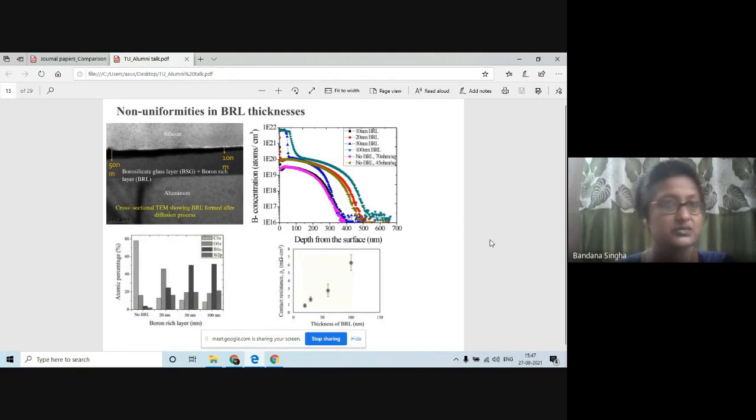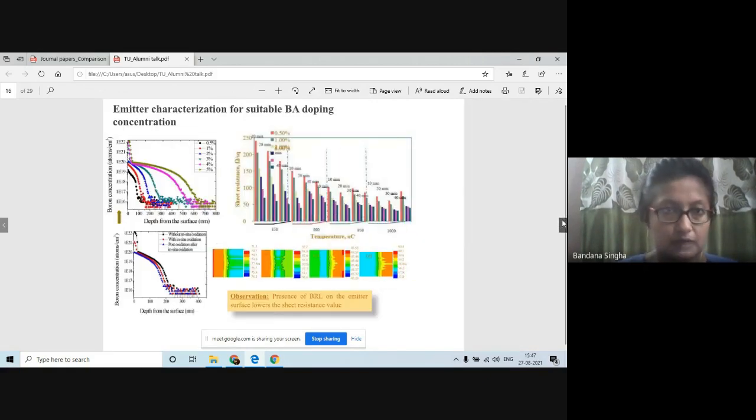But under the same diffusion conditions, if we analyze the boron rich layer formed in the boric acid case or the boron nitrate solid sources, these properties might vary. And yes, we have tried different concentrations of boric acid solution and also the boron spin on dopant case.